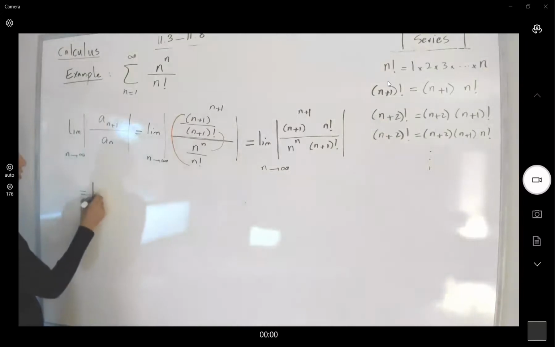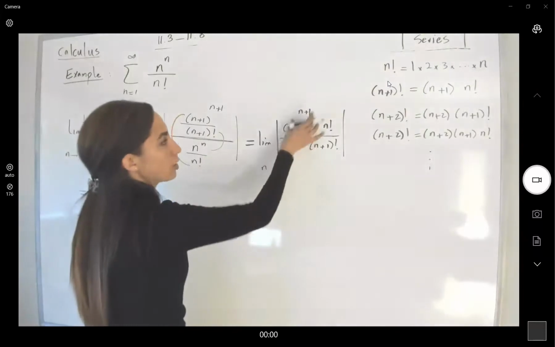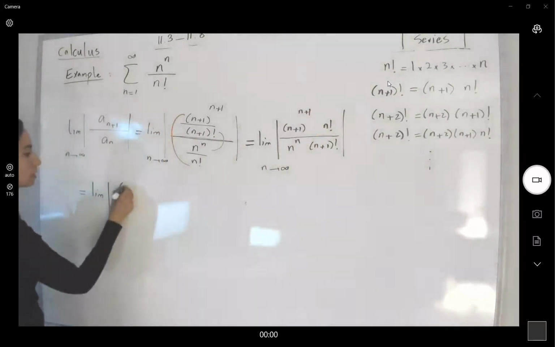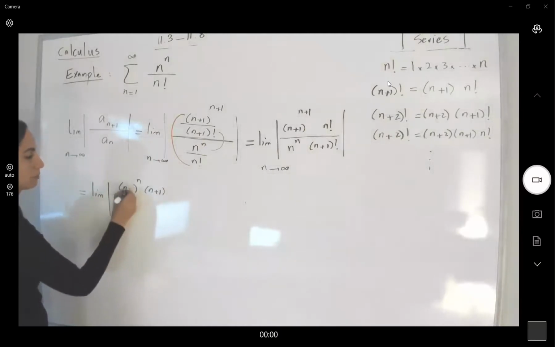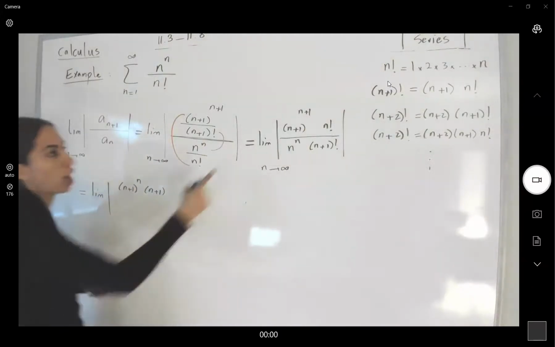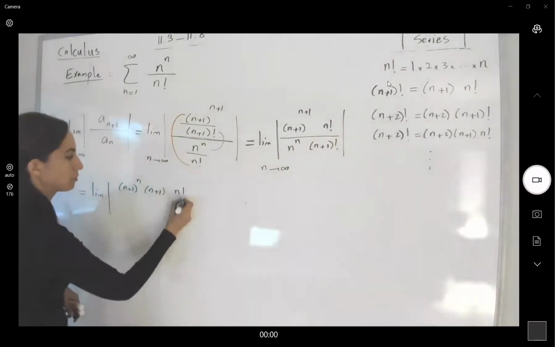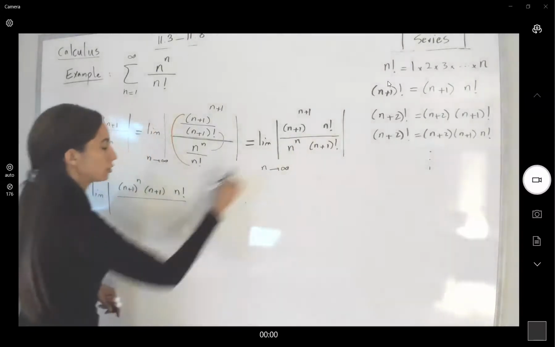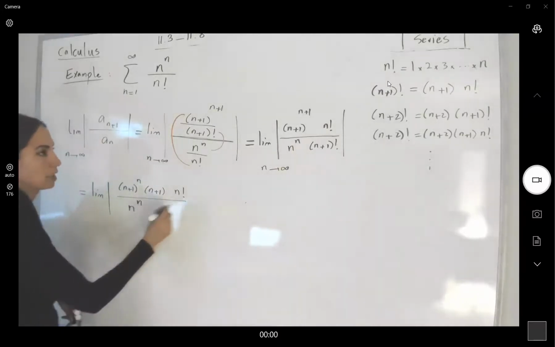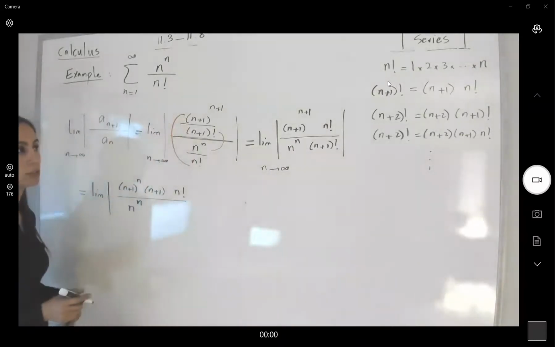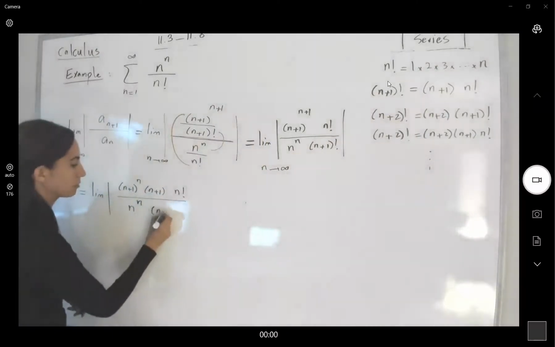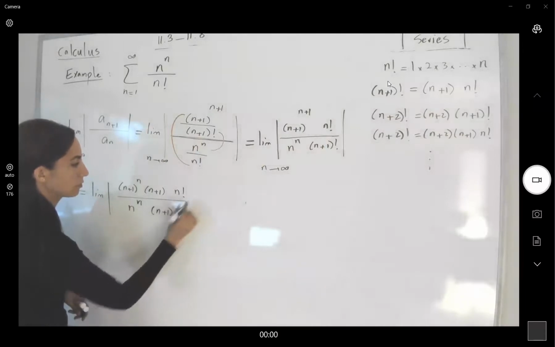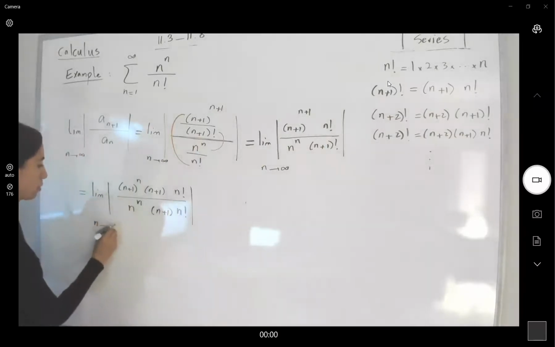So this is the limit of absolute value of n plus 1 to the power n plus 1. This is n plus 1 to the power n times n plus 1, times n factorial, divided by n to the n, which stays the same, and you have n plus 1 factorial, which is n plus 1 times n factorial, as n approaches infinity.